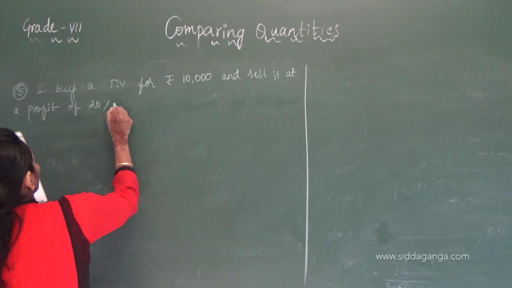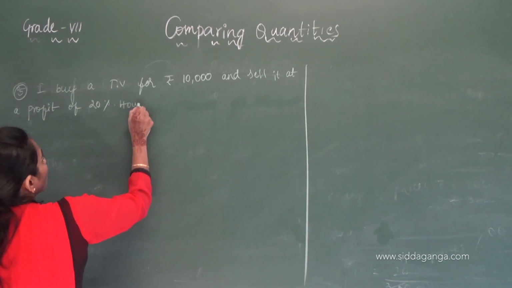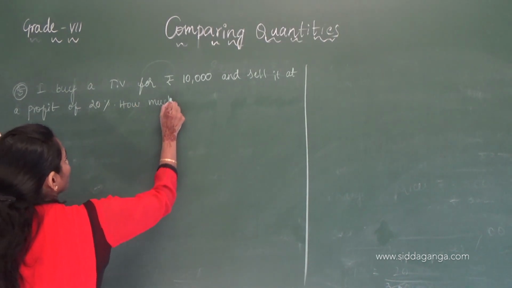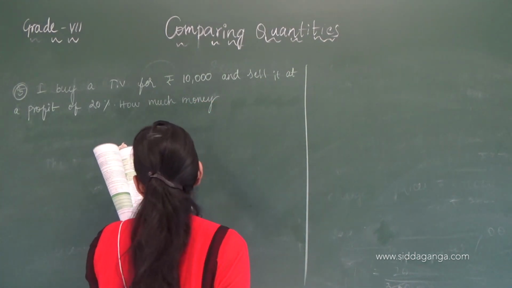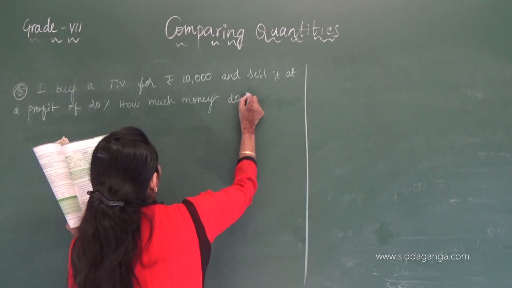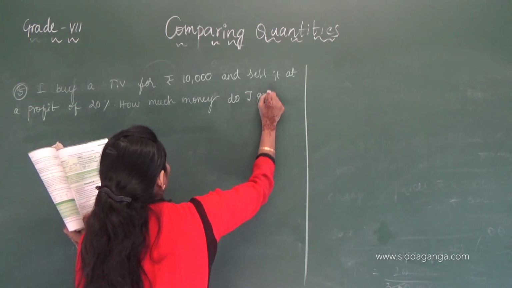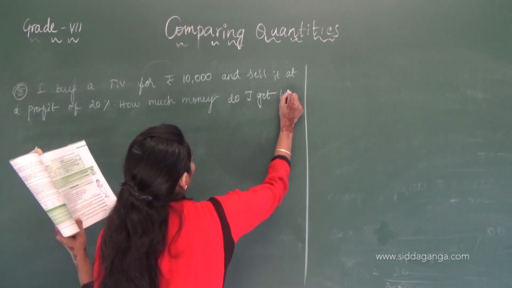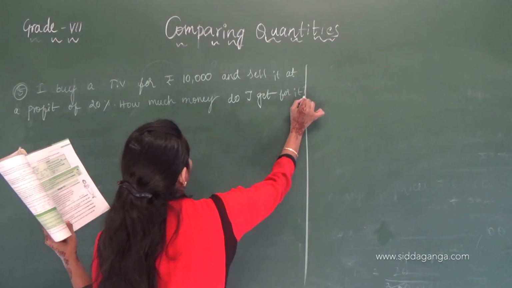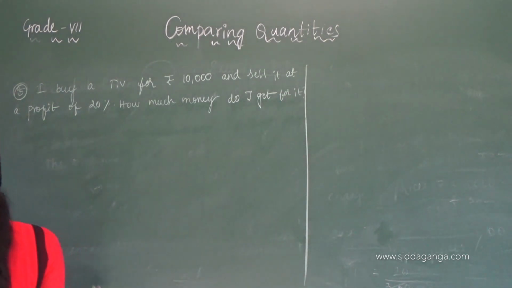How much money do I get for it? How much money did I get for it?